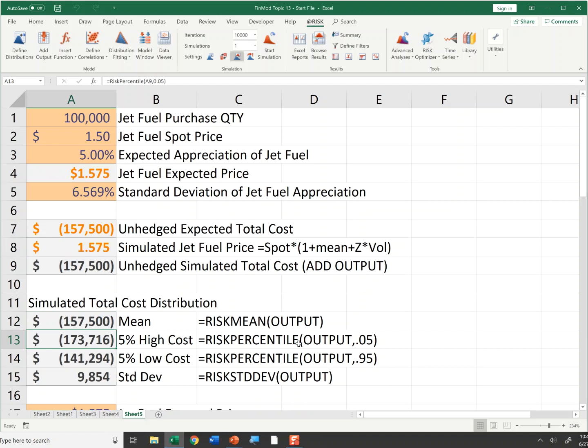So my 5% lowest is 173, my 5% highest is 141, and I took the standard deviation, RiskStdDev, of the output, so the standard deviation of jet fuel cost is $9,800. So this is a simulation of what Southwest's exposure is to that 100,000 gallons of jet fuel.